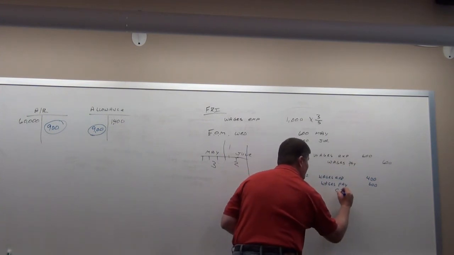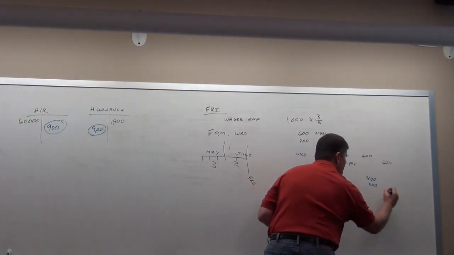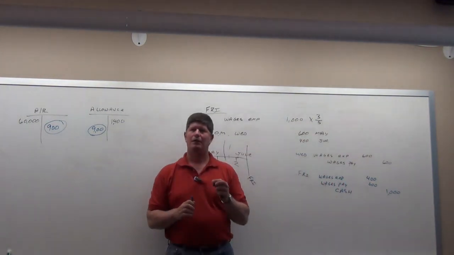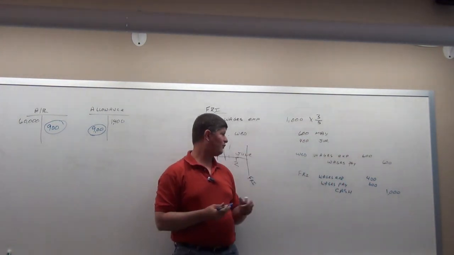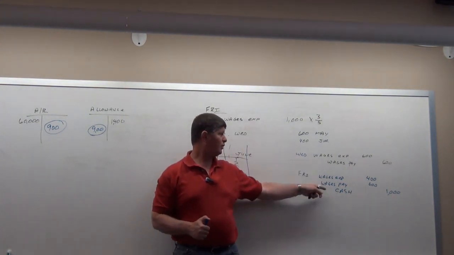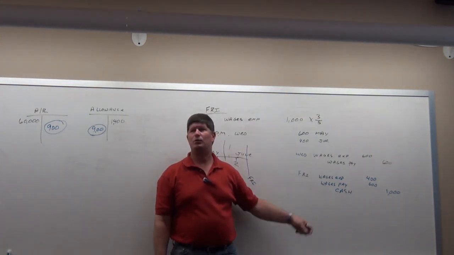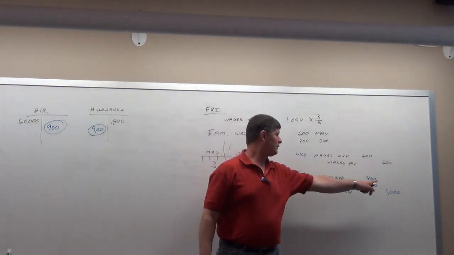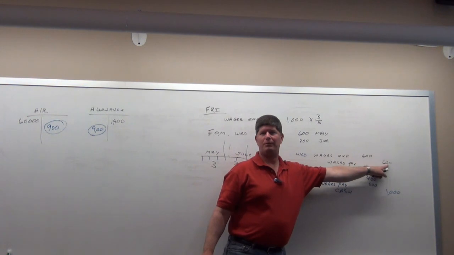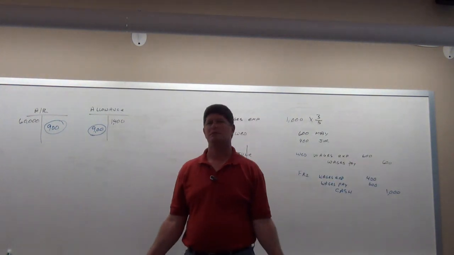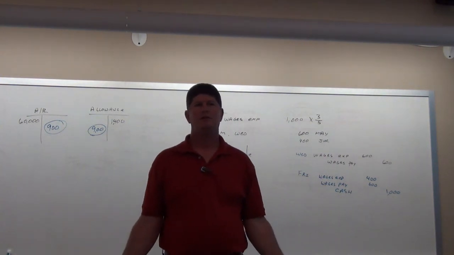And we've got a credit to cash for the whole $1,000. And there you go. That's the entry on Friday. At this point, my wages payable account balance is what? I credited 600, showing the liability. I debited 600 here. What's the balance in the account? 0. Everybody with me?